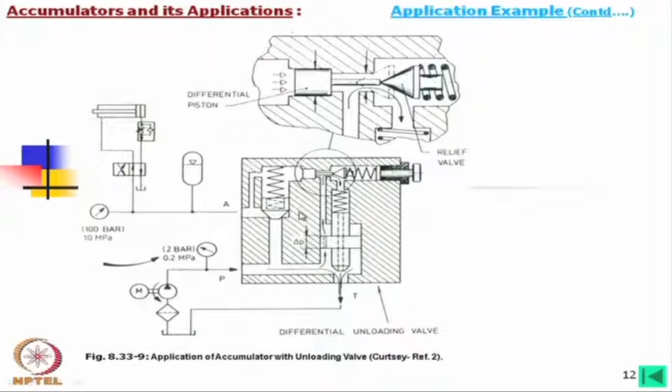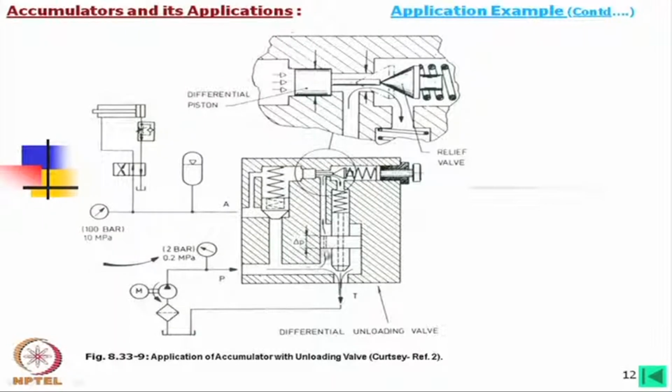Unloading valve, how it works: say it is working at, let us consider, the pressure 0.2, very low pressure. In that case, oil is flowing to the tank, oil is coming over here, but this cannot move this one because the pressure requirement is low pressure or idle, so it is not working.